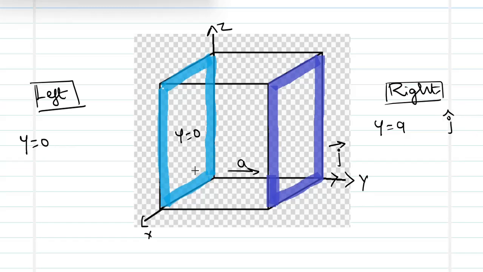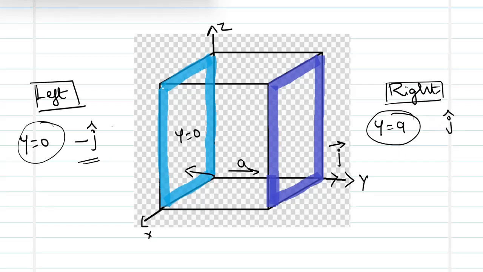And in the case of y equal to 0, your unit outward drawn normal will be pointing in the opposite direction, and hence if this is j, the outward drawn normal over here will be minus j cap. So for the left face, represented by the equation y equal to 0, the unit outward drawn normal is minus j, and for the right face, given by y equal to a, the unit outward drawn normal is j.